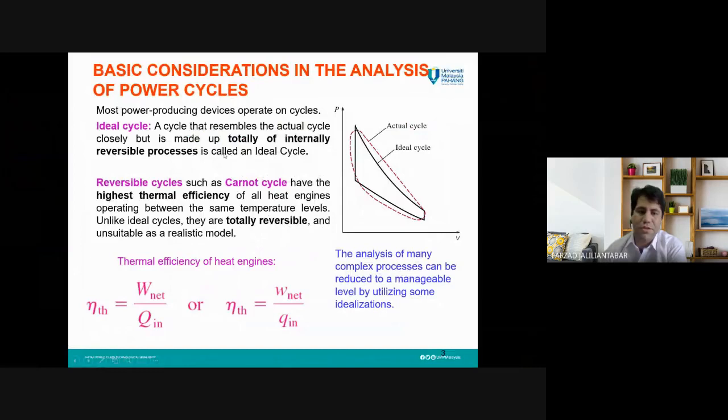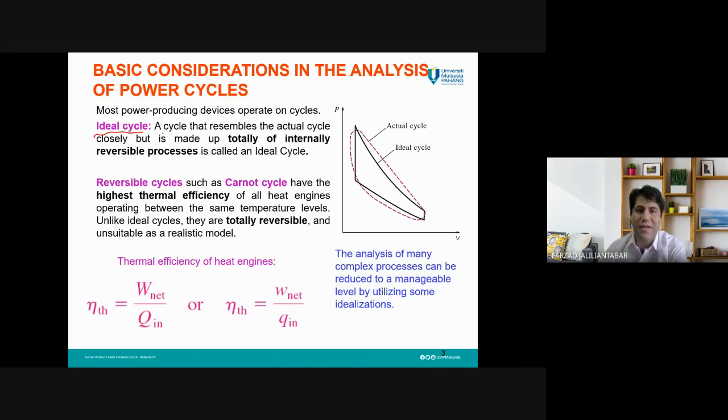So generally and usually, to study different types of cycles, we need to have an ideal cycle, which is prepared according to the actual cycle.